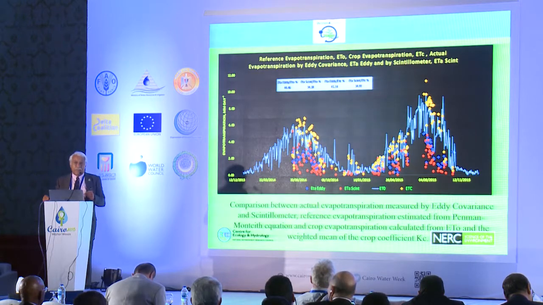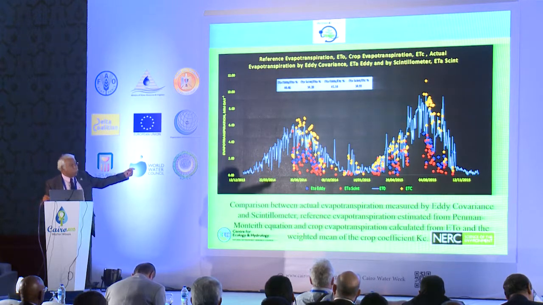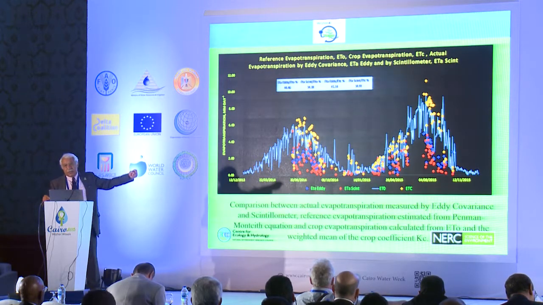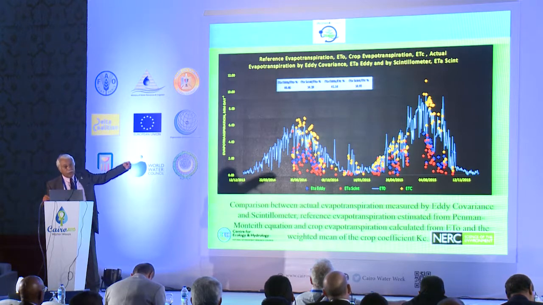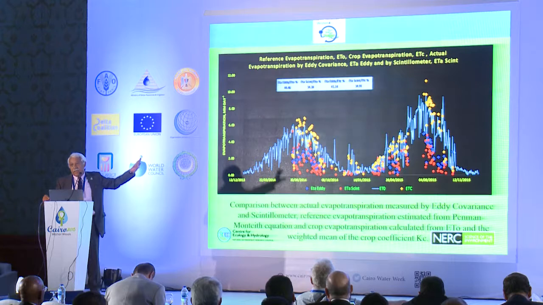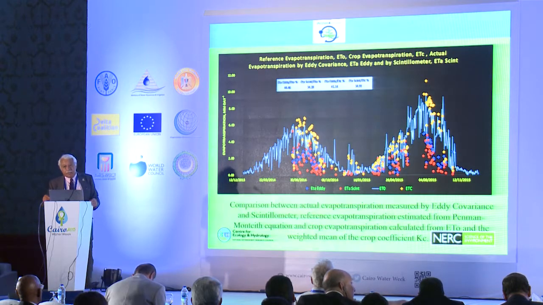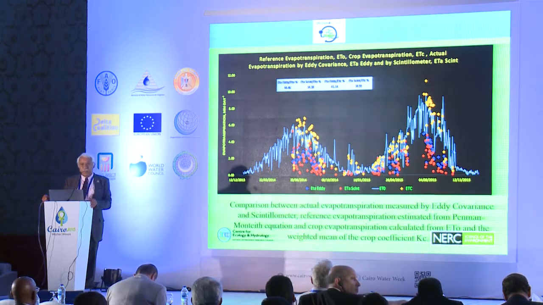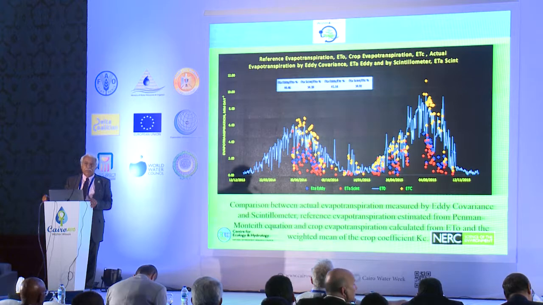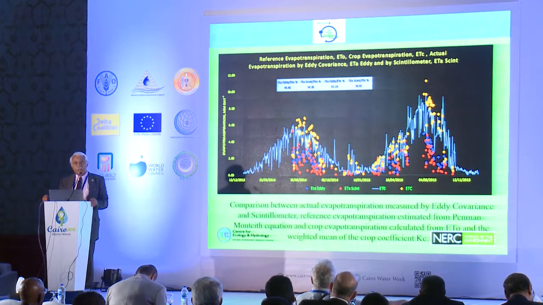Here you can see the scintillometer and the eddy covariance are giving us lower values of actual evapotranspiration compared to what you calculate from the FAO modified Penman-Monteith as ET0 multiplied by the Kc. The ratio of actual evaporation measured by the new technology was actually half of what is estimated from the FAO Penman-Monteith equation.